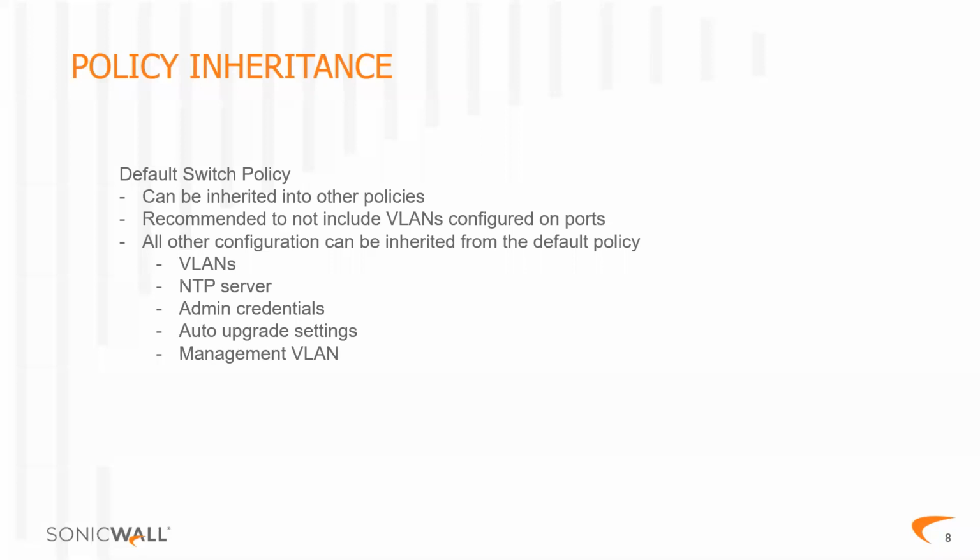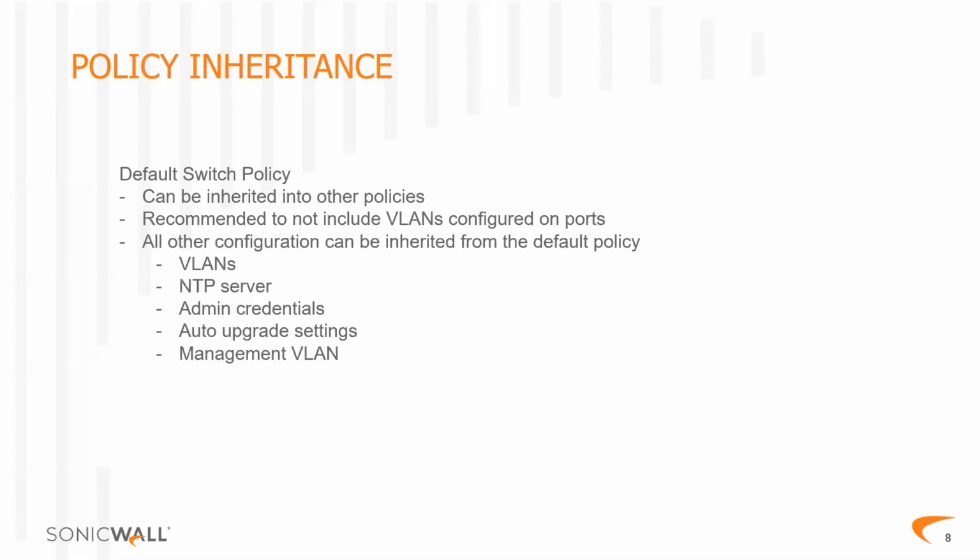Instead of putting it in the default switch policy, you could either put that in the actual switch policy that you'll use, or you can configure that right on the switch. It all depends on how you want to cut out the policies, but we're going to get into the policies when we start to configure this setup.